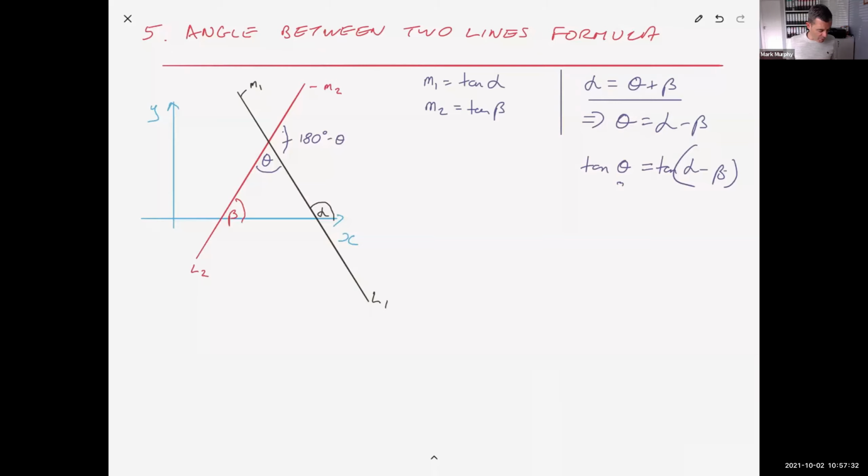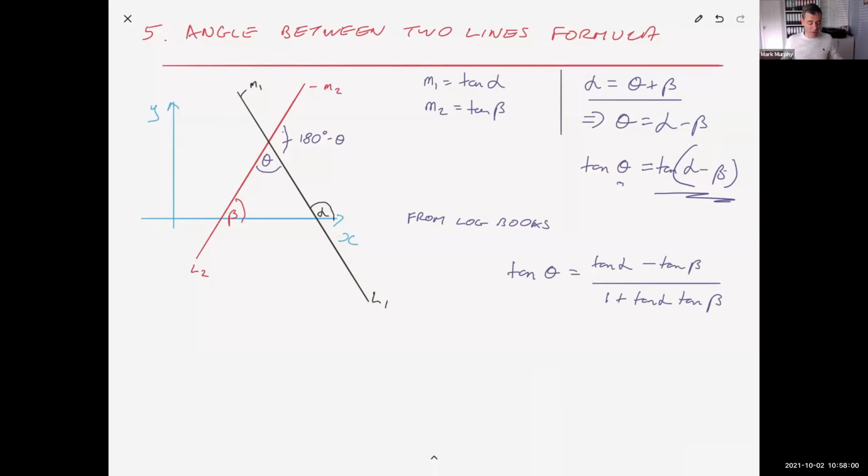Now, from the log books, and this is in the log books, there's an equation for that, right? So tan of alpha minus beta can be written in another way, and that's this. So tan of theta then is equal to the tan of alpha minus the tan of beta all over 1 plus tan of alpha, tan of beta.